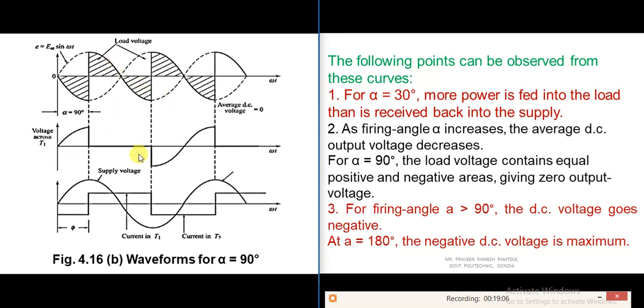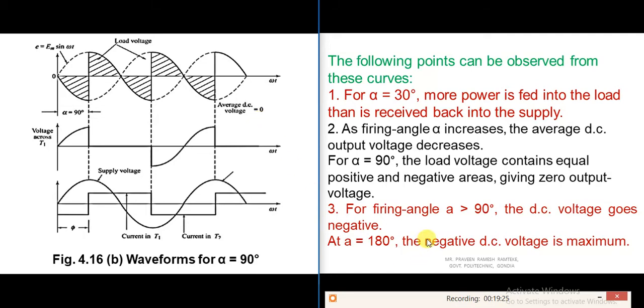So what is the total load voltage? 0. 0 is the load voltage. So it is meaningless. So we will not fire or trigger the SCR for alpha equals 90 degree. See, average DC voltage is equal to 0.